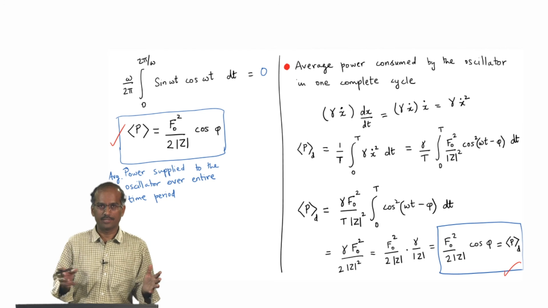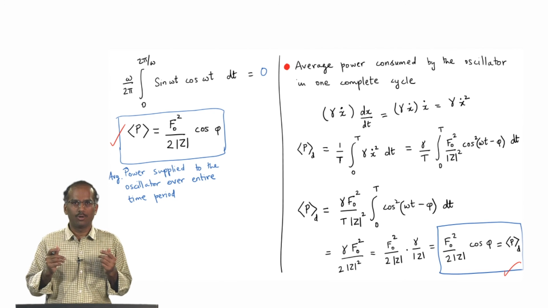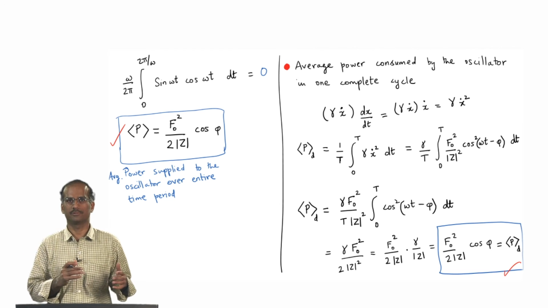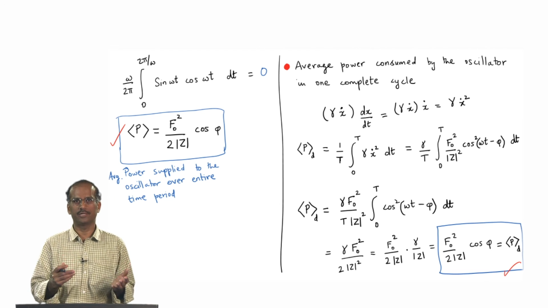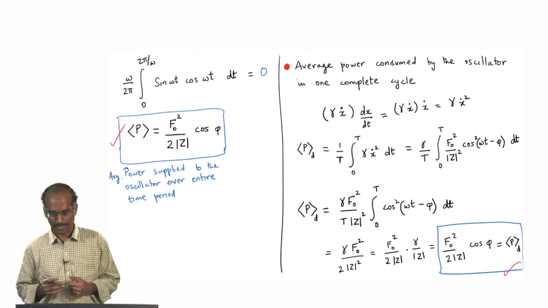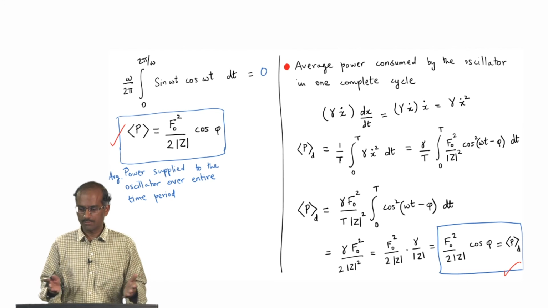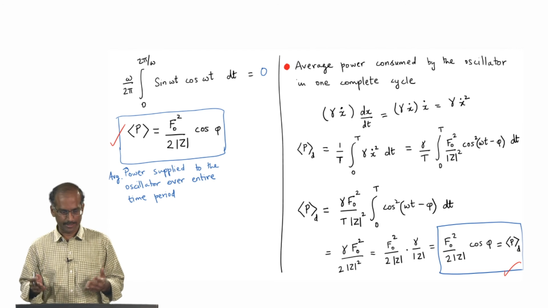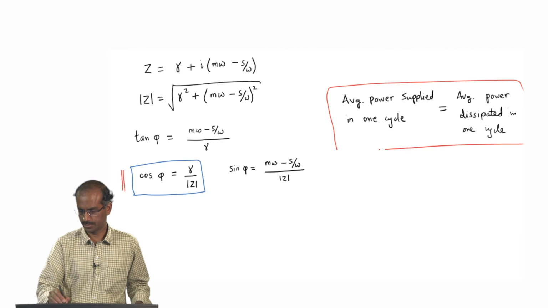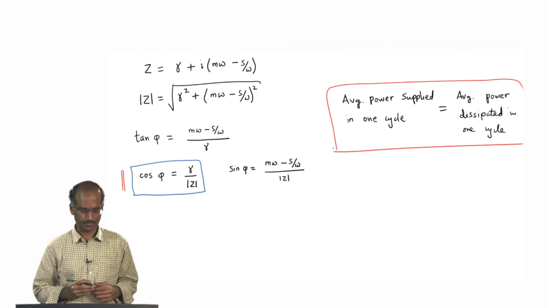So, in other words, it does not really hoard the power, it does not store it for future use. The average power given to the oscillator is immediately spent over the same time period. So, these two quantities are identical. This is our central message in this part of the section.